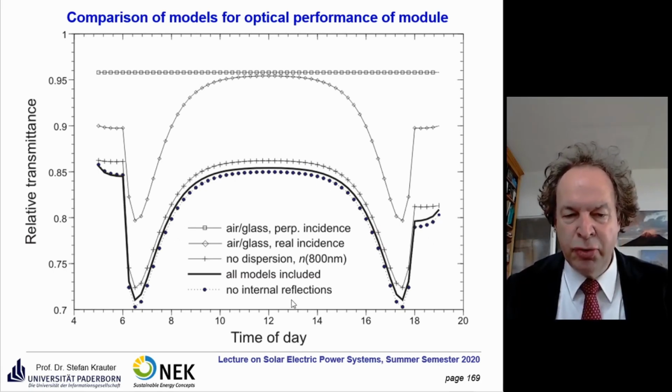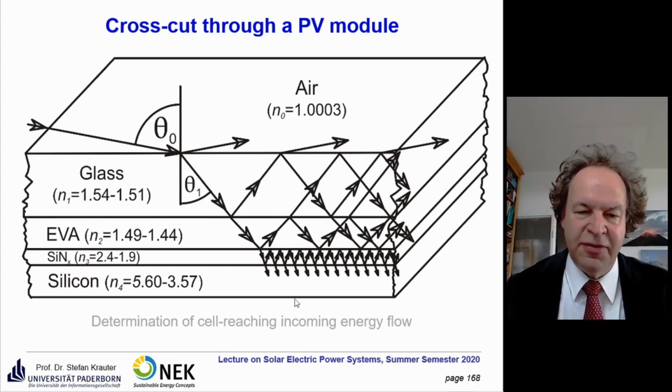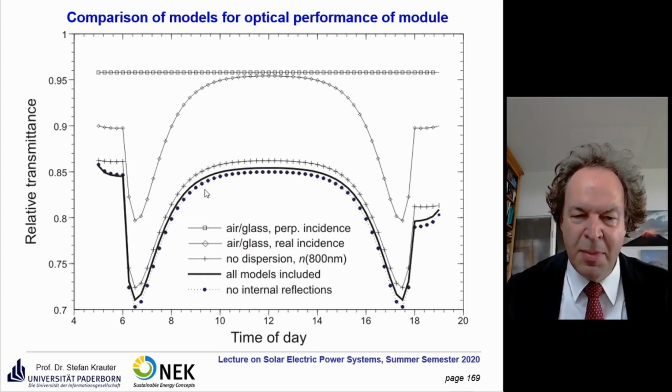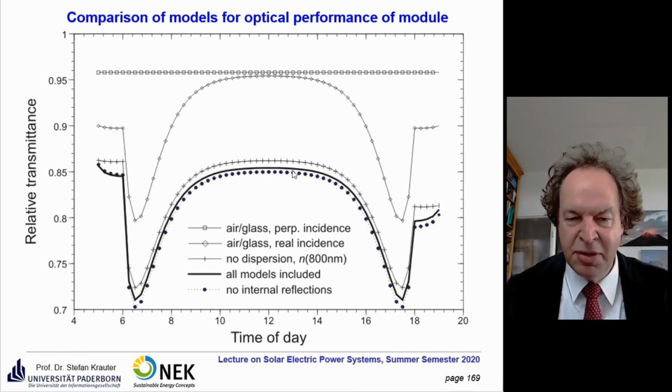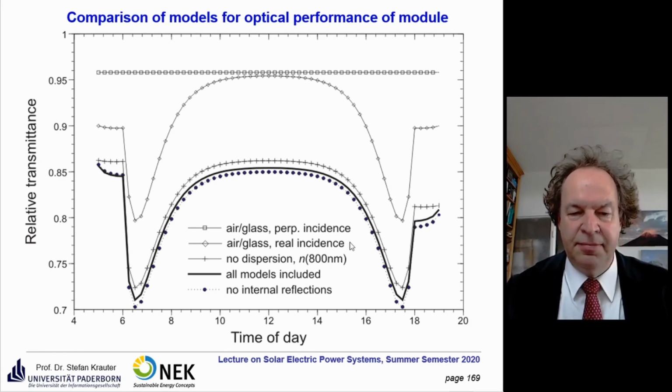And if you don't consider internal reflection, that means the re-reflection of the upper part of the modules, you underestimate the performance a little bit. It's not much, it's about 0.5%. But if you want to be really accurate, you can consider that and you arrive at this line, and so you can make a very accurate prediction of the incoming energy flow on the solar cell.